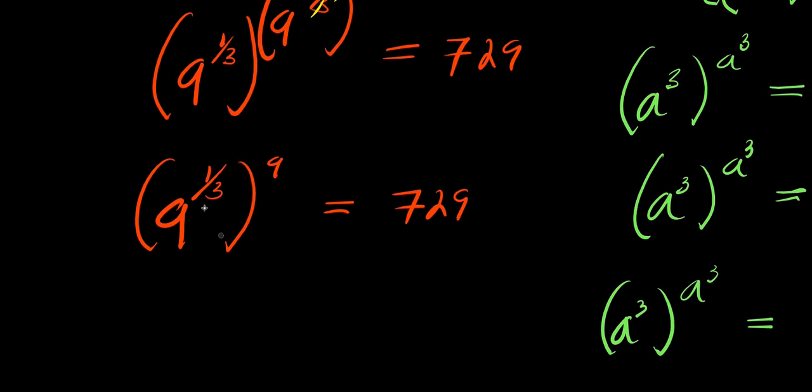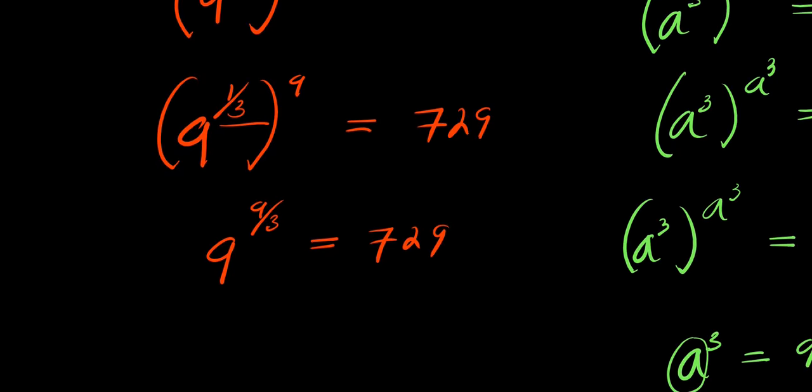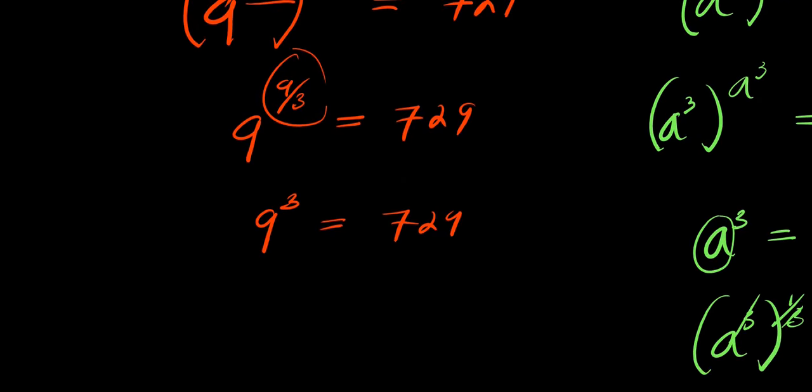So from here, I multiply this out. 9 times 1, that is 9. I have 9 power 9 over 3 equals 729. And from here, 9 divided by 3 is 3. I have 9 power 3 equals 729. And this is 9 times 9 times 9 equals 729.